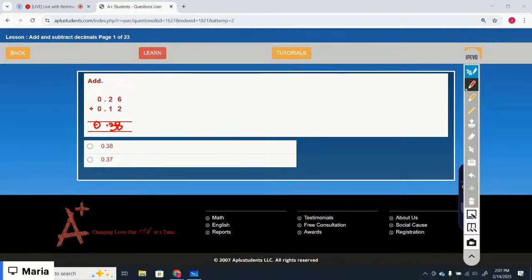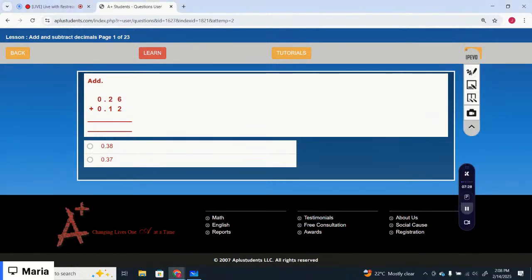So that is 0.38. Option number 1 is the correct option.